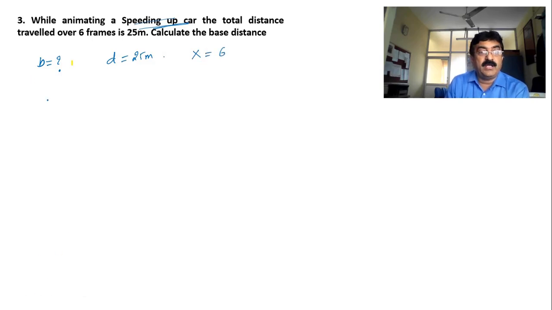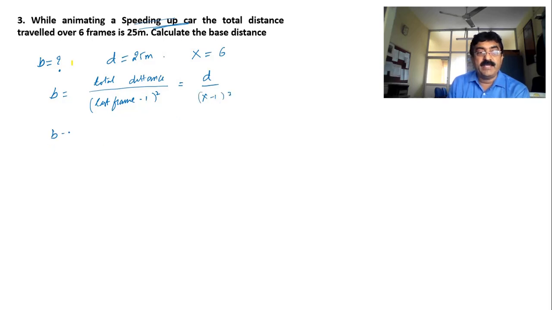You know the formula, base distance is equal to total distance divided by (last frame minus 1) whole square, that is D divided by (X minus 1) whole square.